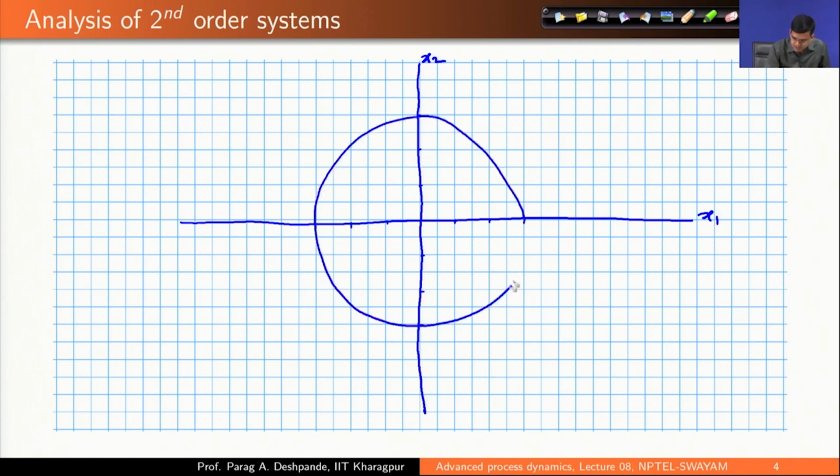I am trying to draw it like a circle. It is not very elegant, but this is what I wanted to draw. Okay. Probably we can do something better in this part. Yeah, it is better now. Okay. So, now what I see is that I go along a circle.